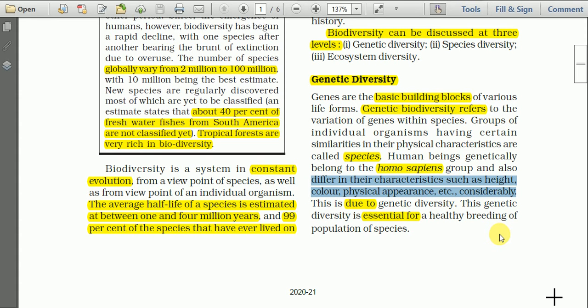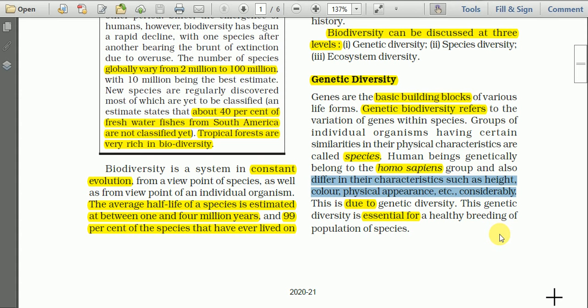And about the variations of the plants, genetic variation of plants. Genetic variety within a plant species may include differences in the individual plants that confer resistance to diseases. So among the plants also, when we grow crops, some of the crops are very much resistant to diseases and some are not. Why is this so?